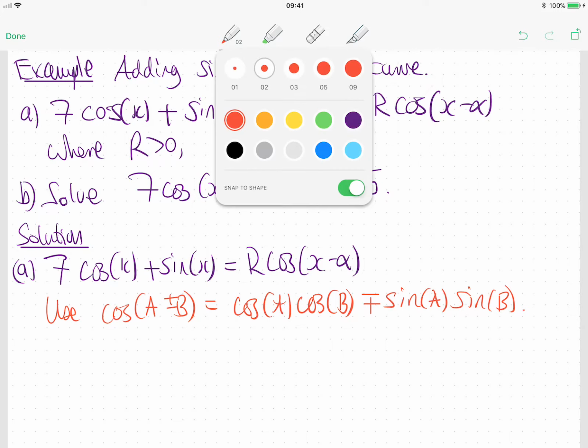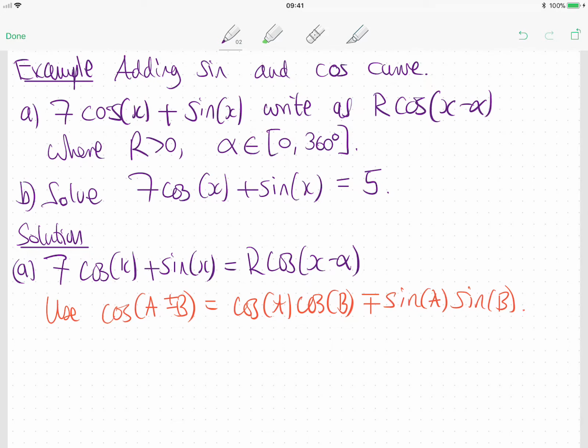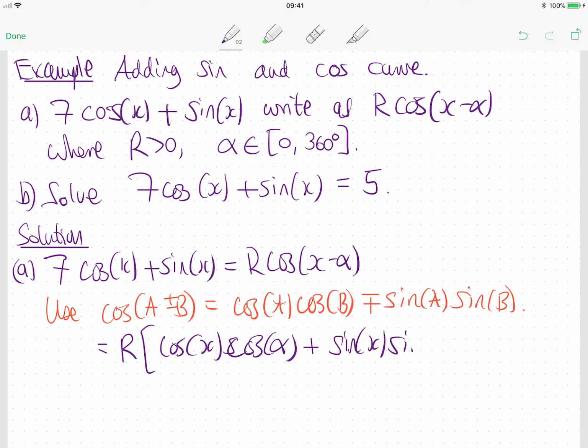So we're going to make use of this trig identity called the compound angle formula for cos. If we do that, we get cos x cos alpha. We have a minus, so we change that to a plus, sine x sine alpha. And I want to write this in a similar form to the left hand side.